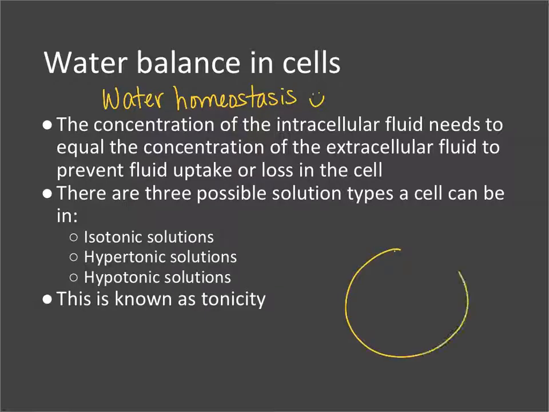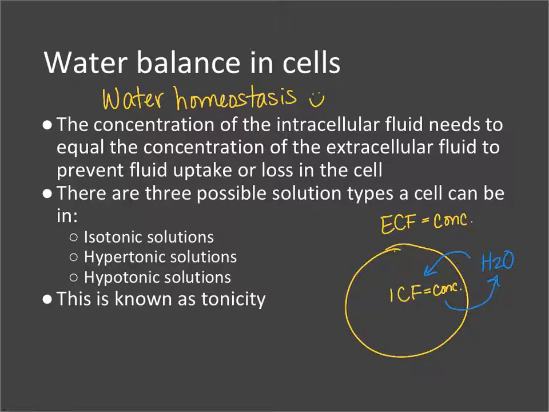So when we look at a cell and we look at the intracellular fluid compared to the extracellular fluid, homeostasis means that the concentration of the extracellular fluid should be the same as the concentration of the intracellular fluid. Because remember that water can freely move across the phospholipid bilayer. And so if these concentrations are different, then water is either going to move into the cell or it's going to move out of the cell in bulk, which is going to change the size and the shape of the cell.